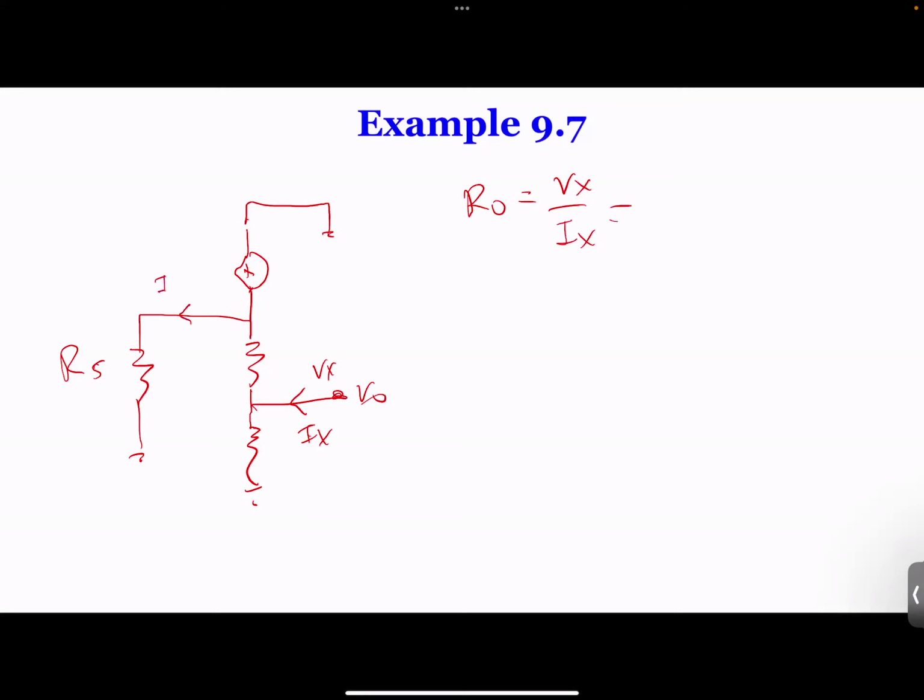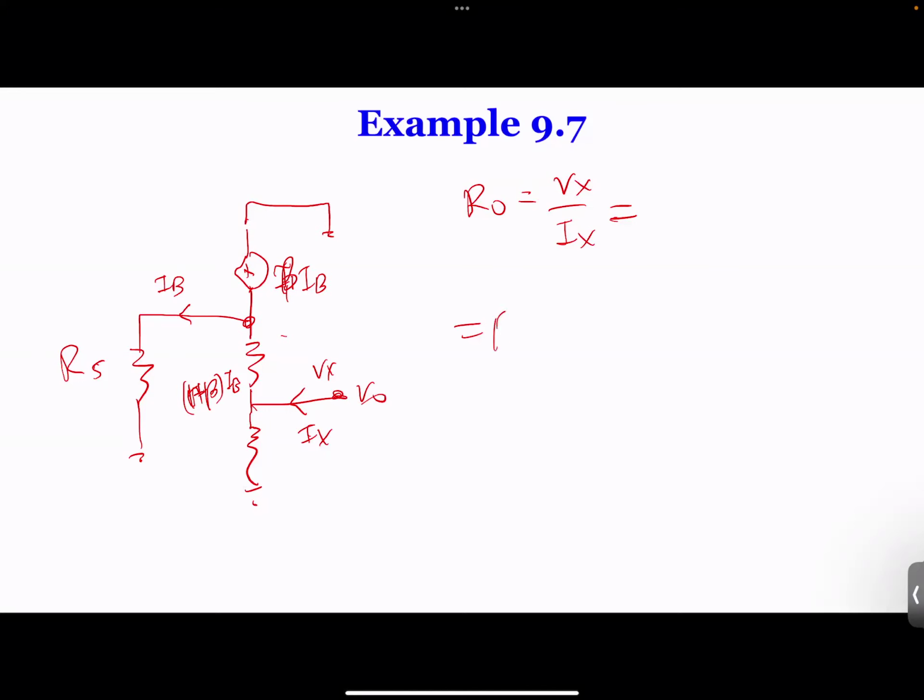And you can write down, if this is IB, then this will be 1 plus beta times IB, and this is beta times IB. So you can easily identify each of these voltages and currents. Now you can find this final resistance, it's quite an interesting number.